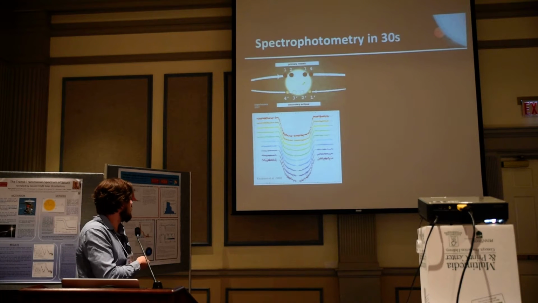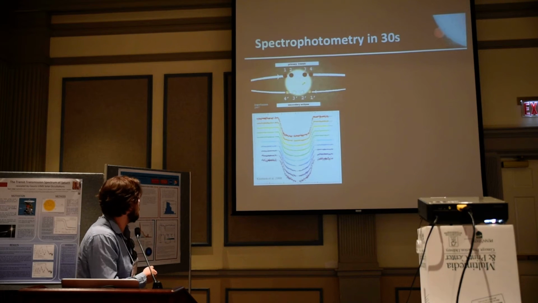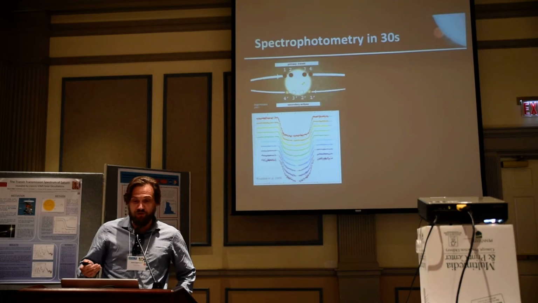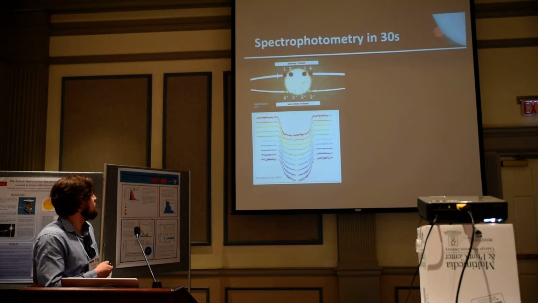optical light curves from the red to almost the UV, and obviously it's nicer to have more data points and more wavelengths than just one broadband, and this is why we call it spectrophotometry.